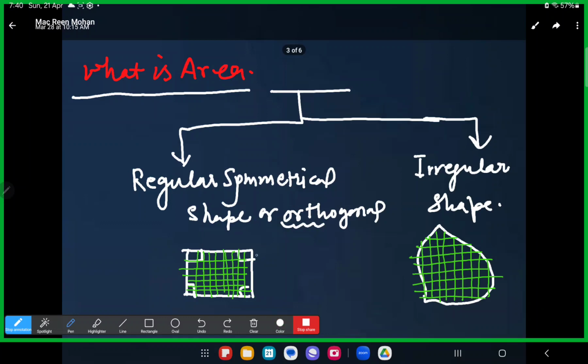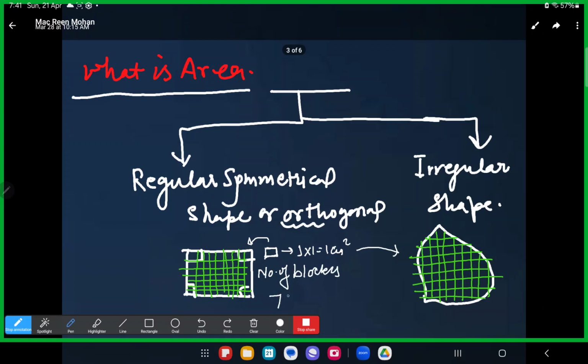Let's take one block as an area, one by one, that is 1 centimeter square, and this will be applicable for both. Let's say both shapes, it will be equally applicable. And once I'm looking for the area of this whole square sheet, I will just count the number of blocks.